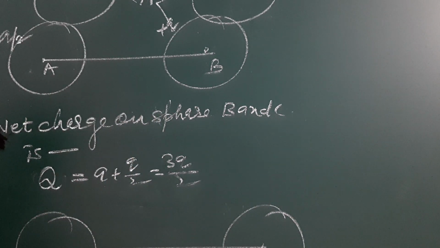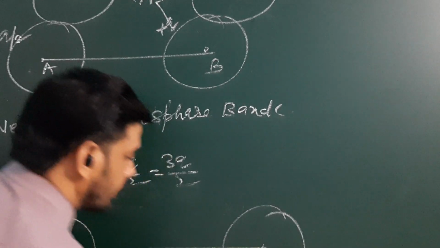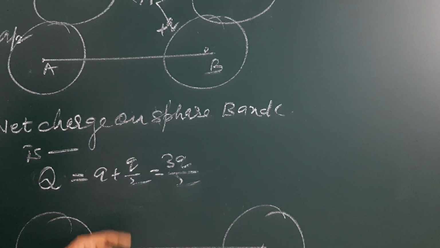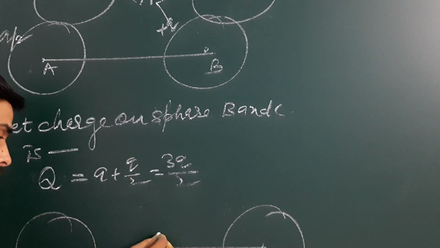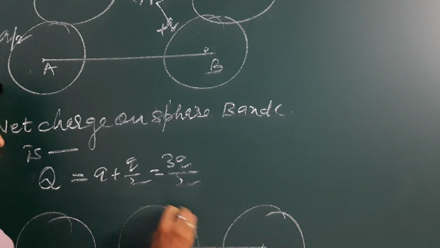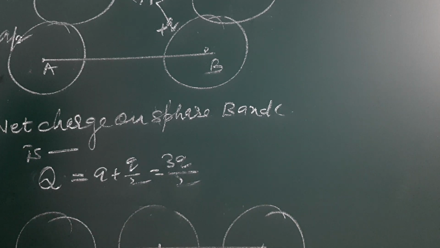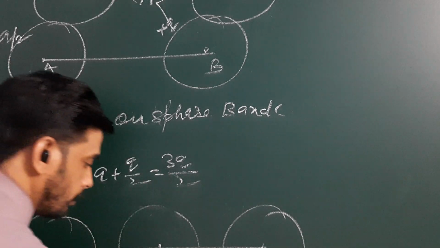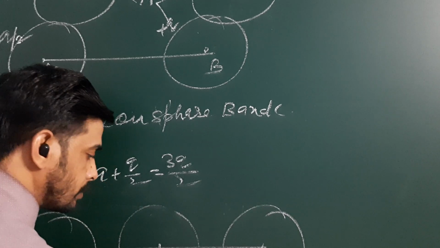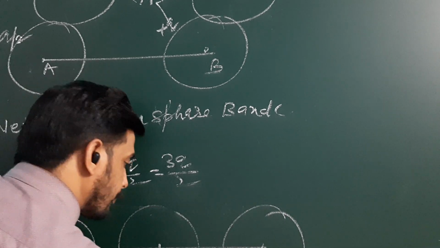R, we have already assumed R. The question says sphere C is placed in between A and B. So what will be the distance of sphere C from A? That is R by 2. And the distance of B from C is also R by 2.